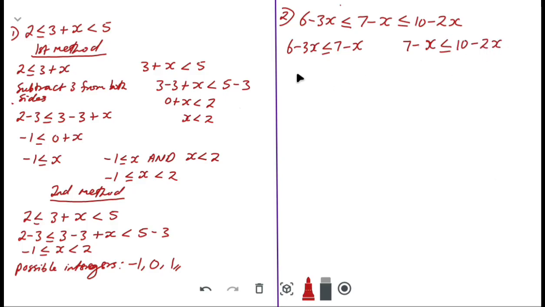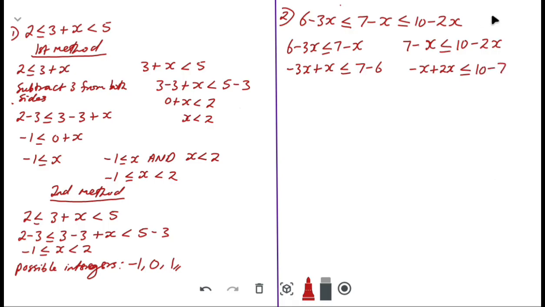If we collect the like terms, we're going to have minus 3x plus x less than or equal to 7 minus 6. And for this other one, we're going to have minus x plus 2x less than or equal to 10 minus 7.